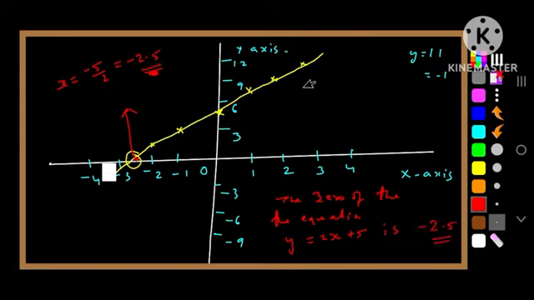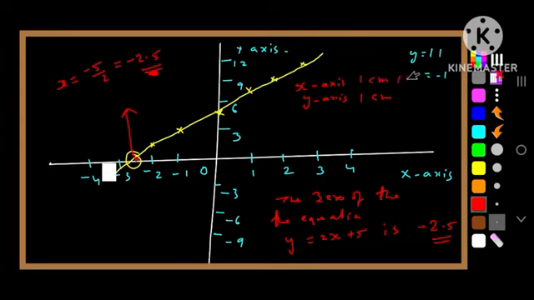And here you have to mention the scale, x-axis and the y-axis. So x-axis 1 centimeter, this one also 1 centimeter. So for 1 centimeter, how many units am I taking? 1.